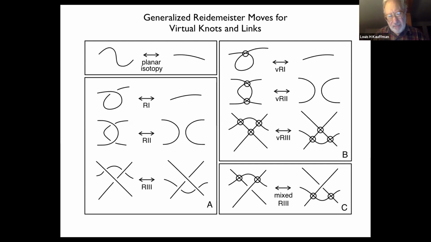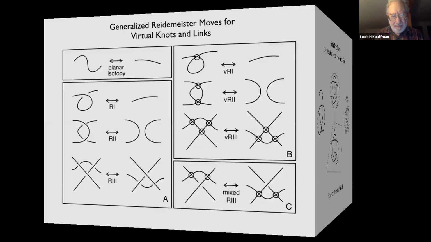And so one adds these extra rules that say you can do what you like as far as Reidemeister moves is concerned with the virtual crossing by itself, and it can be detoured back and forth across a standard crossing.